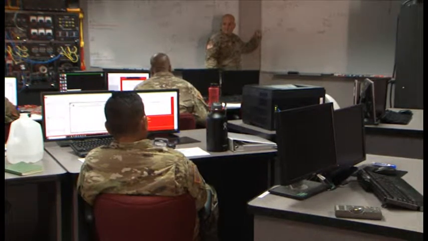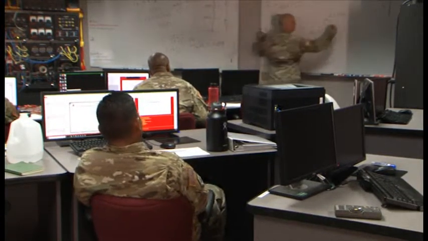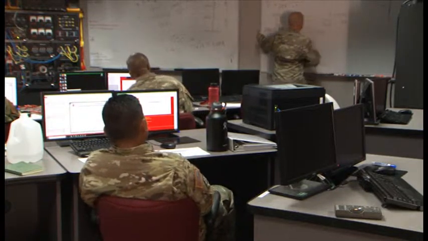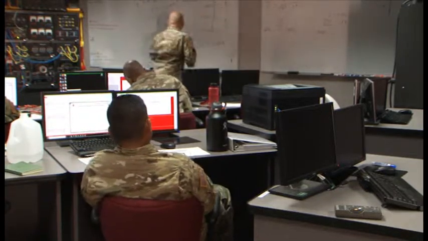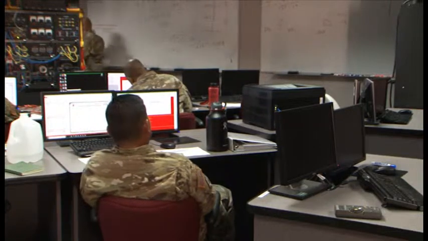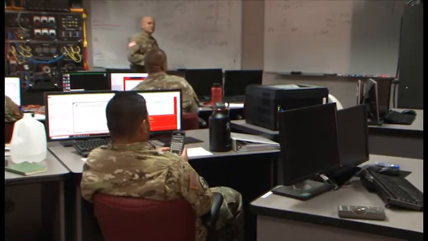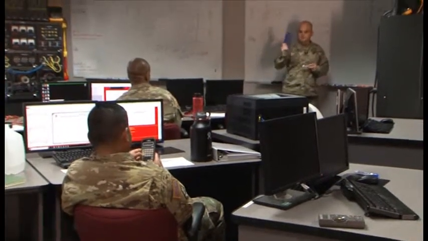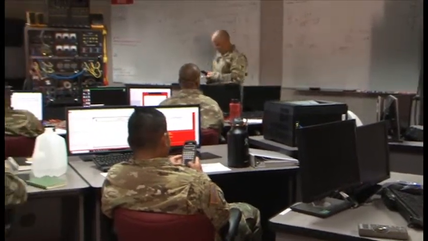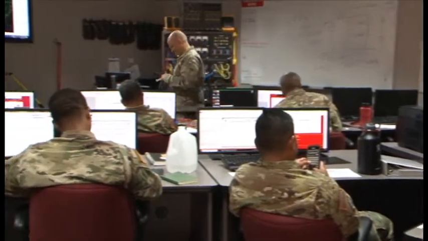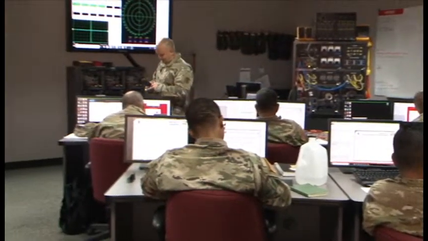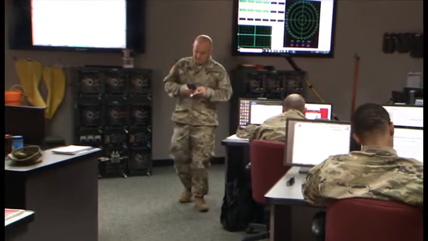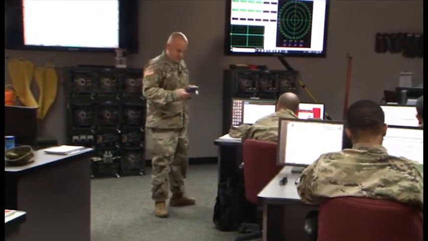What is it? 0.58. Is that right? All right. Before we do all this, let me verify with my calculator. Divided by the square root of 300 squared plus 300 squared equals 212.